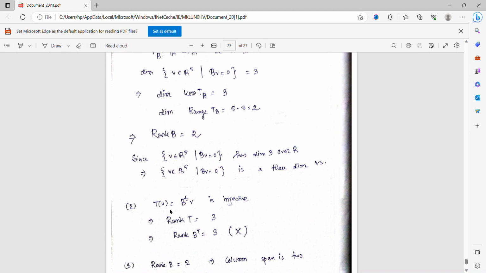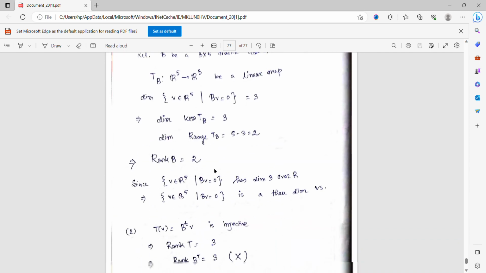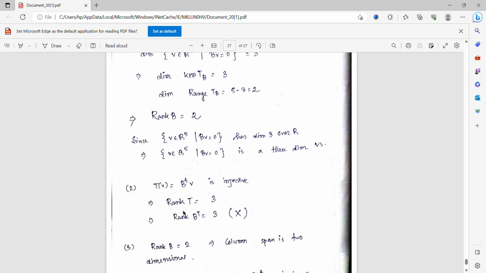over Q also 3. Now given that the linear map T, B transpose B, is injective, the map from Q^3 to Q^5 is injective. That means the kernel of T has dimension 0, so the range of T has dimension 3 by the rank nullity theorem.